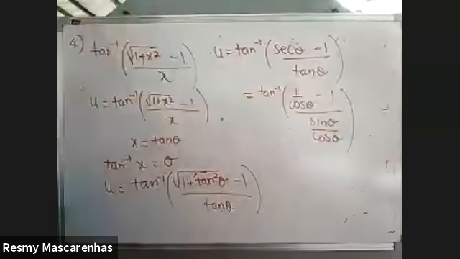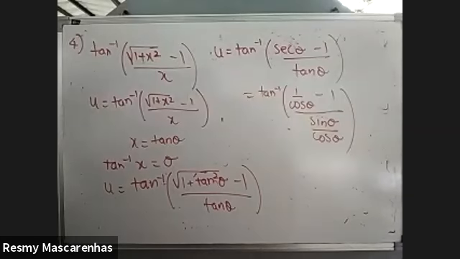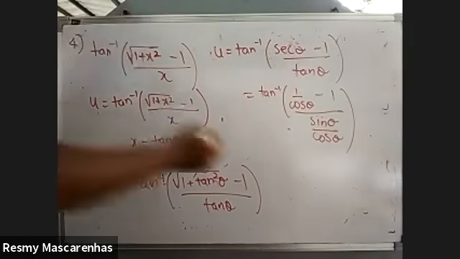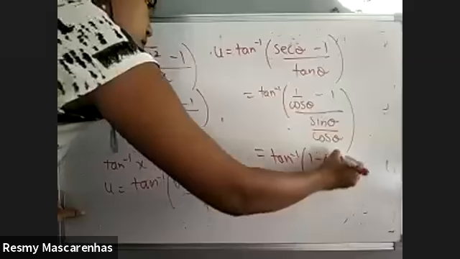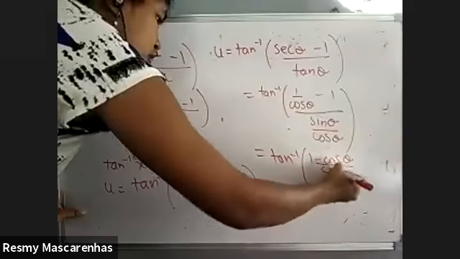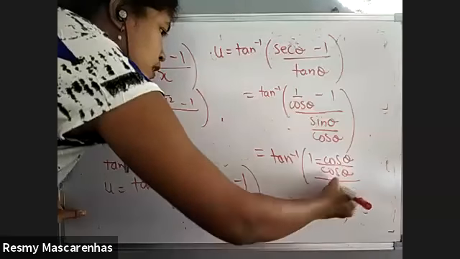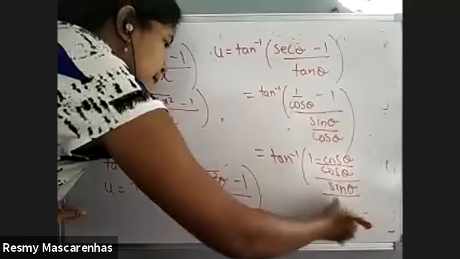Then cross multiply, and then cancel cos theta alternate.